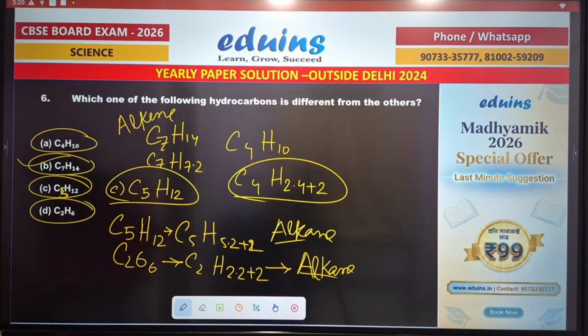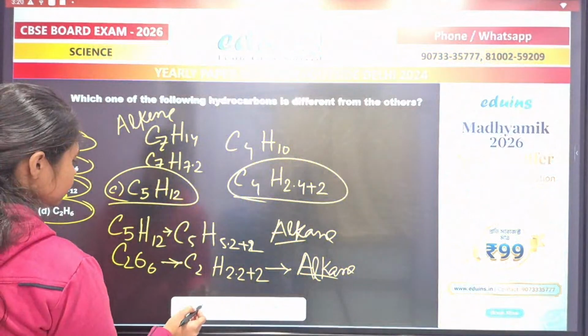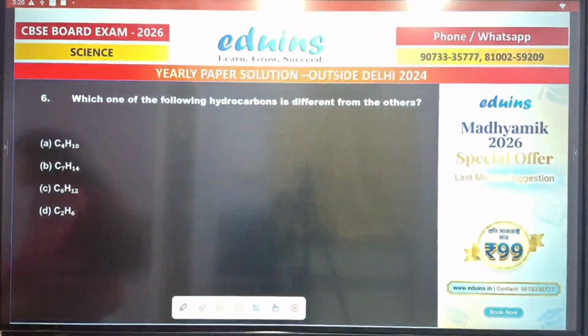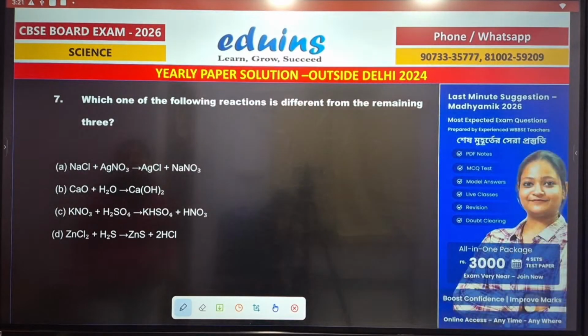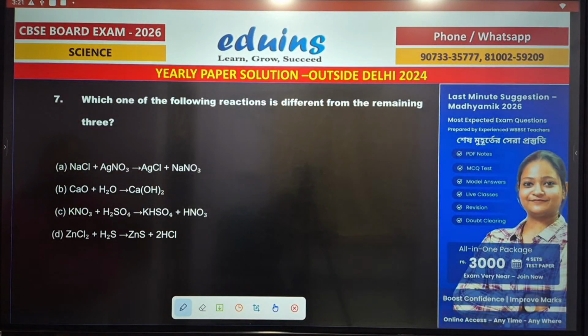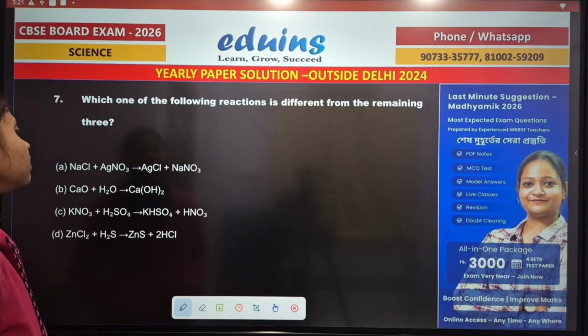So now, which one of the following reactions is different from the remaining three? The first option is NaCl, sodium chloride, plus AgNO3, silver nitrate, giving AgCl, silver chloride, plus sodium nitrate.